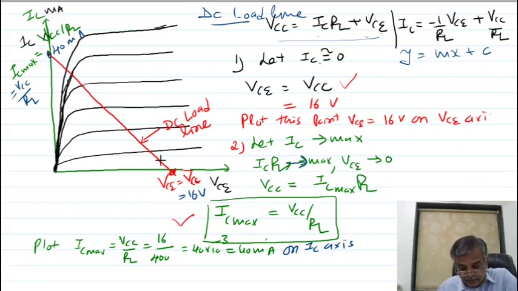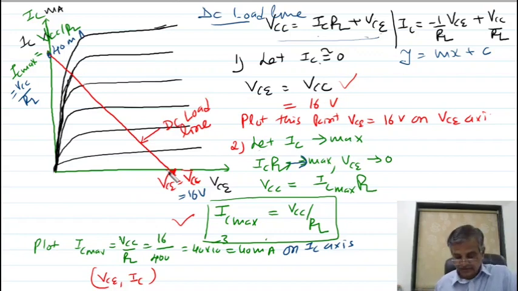This line represents all possible combinations of the coordinates VCE and IC for a given value of VCC and RL. Means, if you do not understand, this is a possible coordinate of IC and VCE.